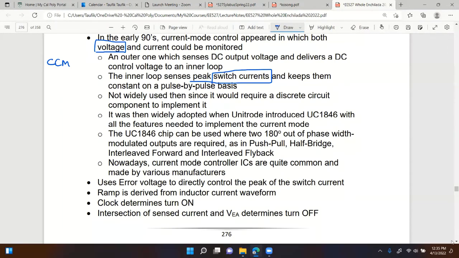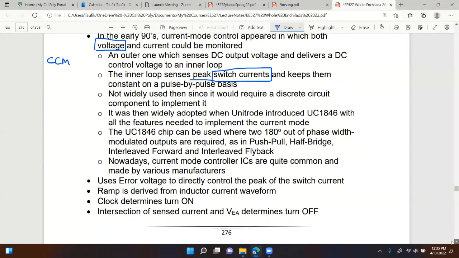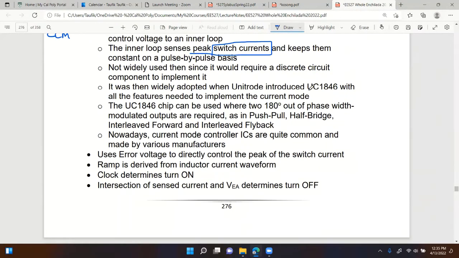But then this company called Unitrode, and this is a legacy part, were the first who were able to manufacture or produce a controller that provides current mode control. It's called the UC18 family.